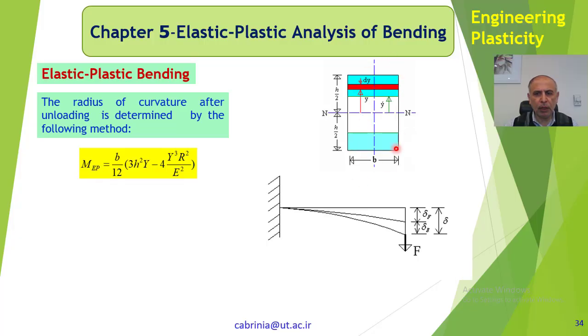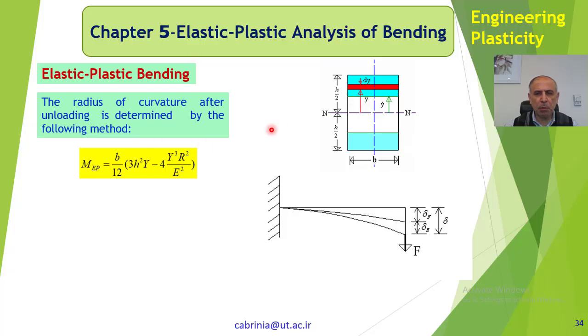Now this is what happens in the cross-sectional area. From the outermost fiber to some place in here, which is called Y' in this figure, all the area is plastic. So that's the plastic, and that's the elastic. The boundary of elastic plastic is this.